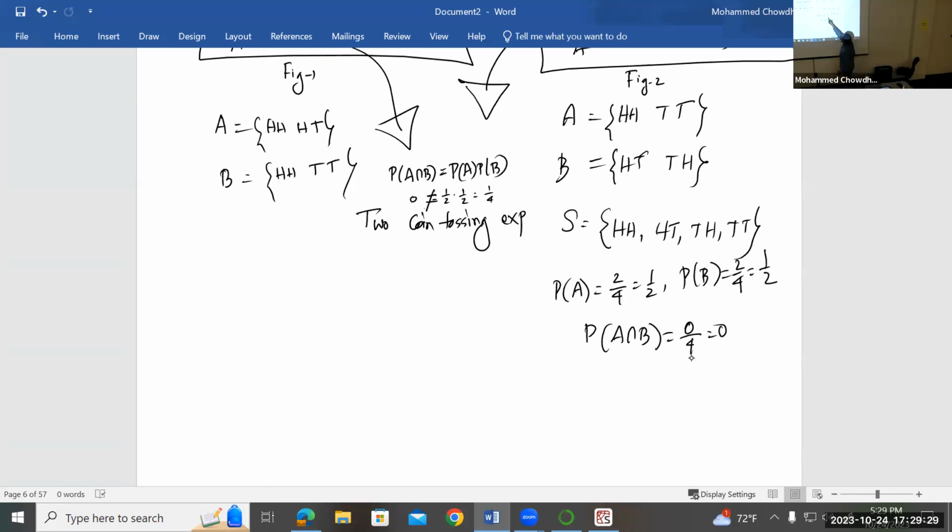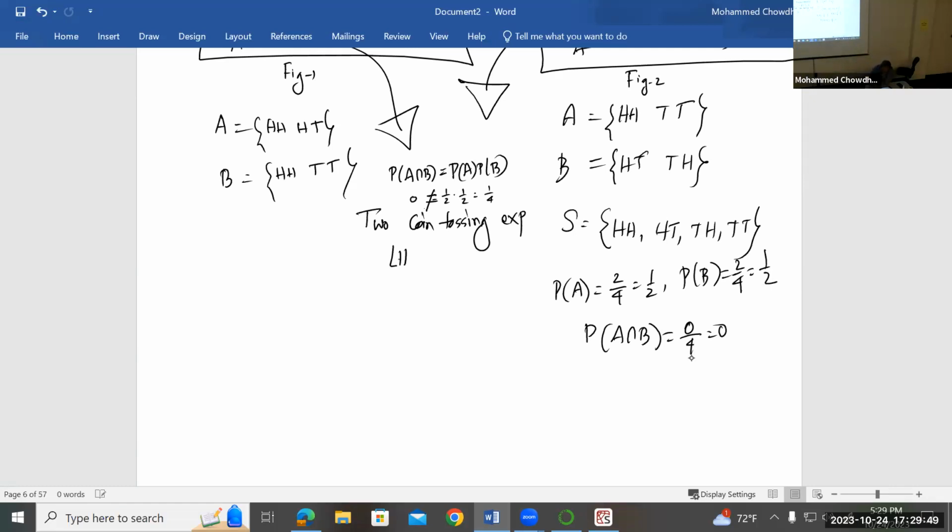So I got here half, I got here half. This is the definition. Multiply this with that, I got 1/4, which is equal to 1/4. But that one is not equal to 1/4. That one is equal to 0. So left hand side is not equal to right hand side. Clear?